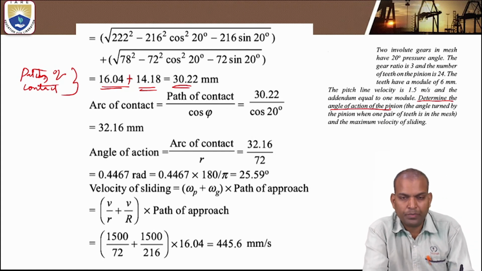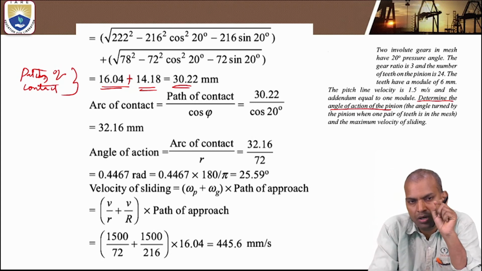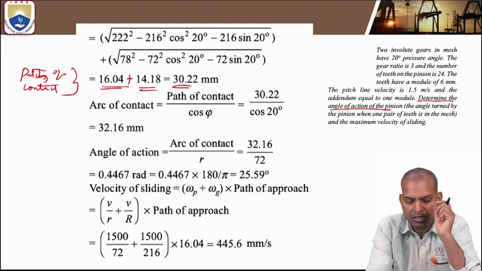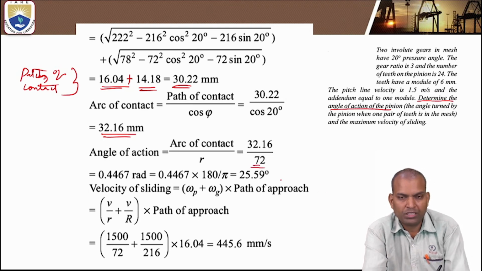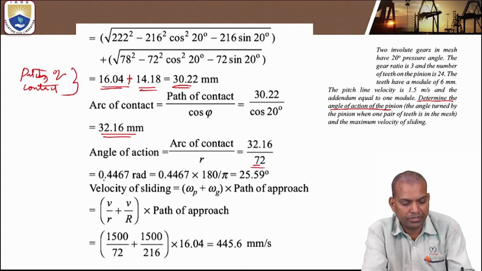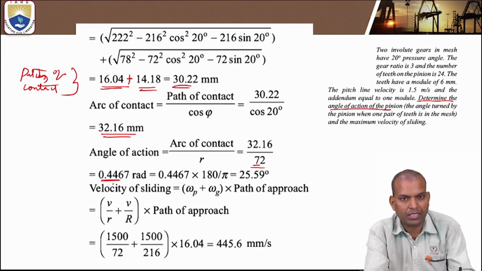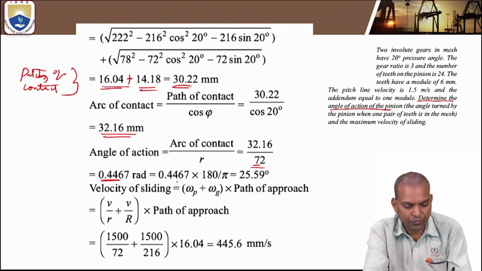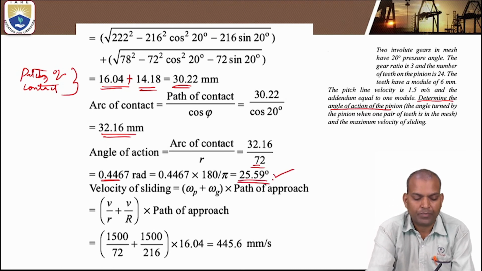Angle of action of the pinion equals arc of contact divided by pitch circle radius of the pinion, small r. The arc of contact is 32.16 millimeters, divided by the pinion pitch circle radius, 72. That gives 0.4467 radians. Converting into degrees, 0.4467 times 180 by pi, that is 20.59 degrees.